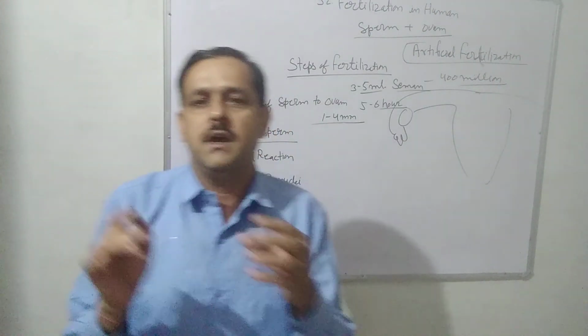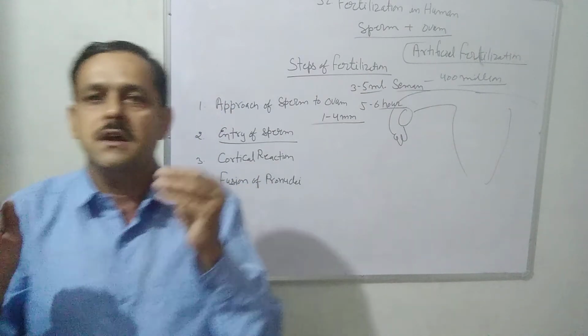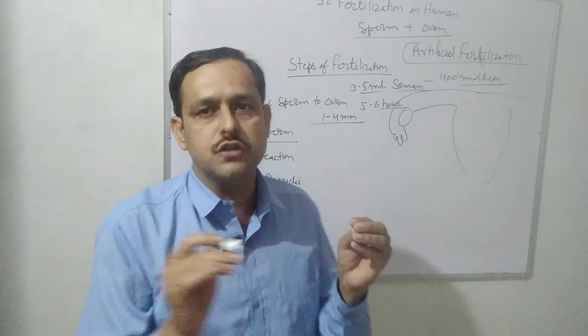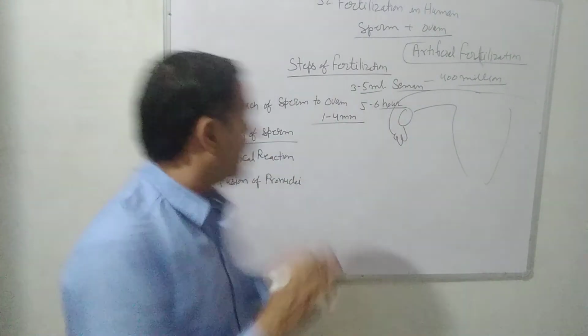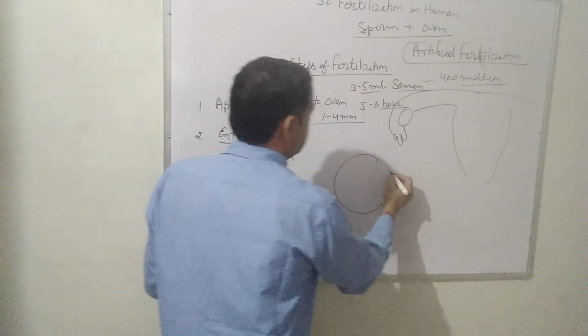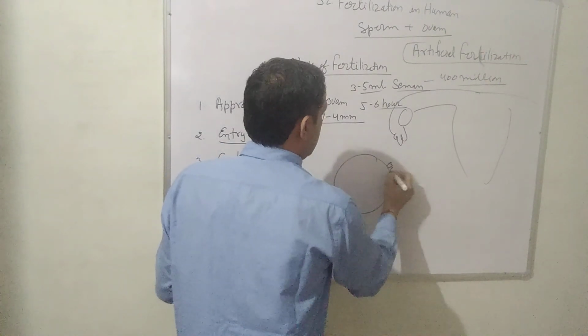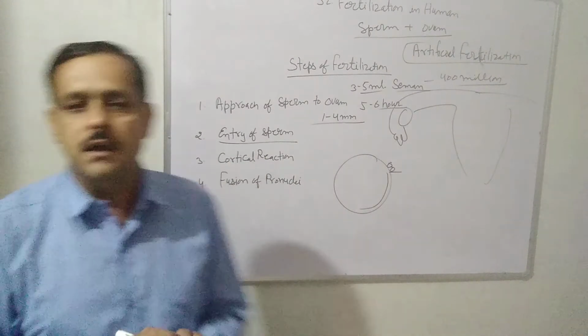Penetration by sperm is a chemical mechanism. In this, the acrosome plays an important role, because the acrosome secretes many enzymes, like lysin, which can dissolve. We see the structure of the egg: there is a zona pellucida, corona radiata, and then the plasma membrane or previtelline membrane.